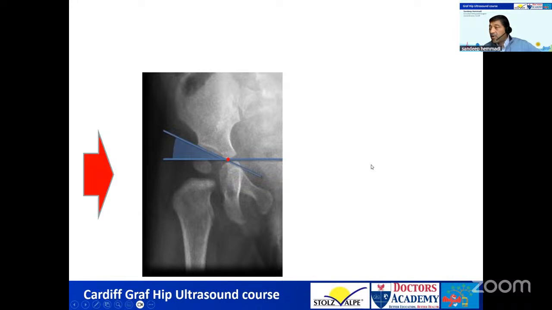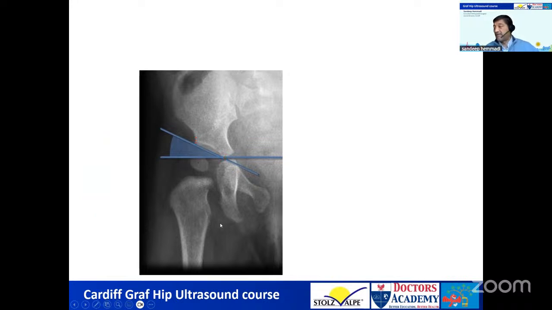You can't draw your horizontal line because you haven't got the other reference point. So the next best thing you could do is use this vertical line here. Therefore, what we measure as the alpha angle on ultrasound is 90 degrees minus this acetabular index. We use this vertical line as our reference point for measuring the alpha angle.